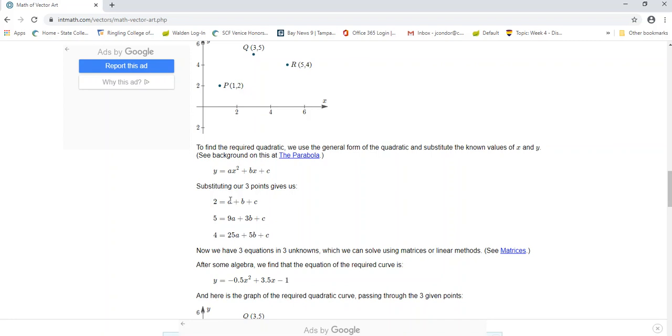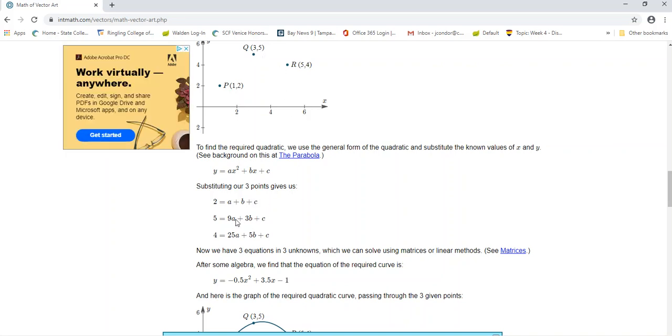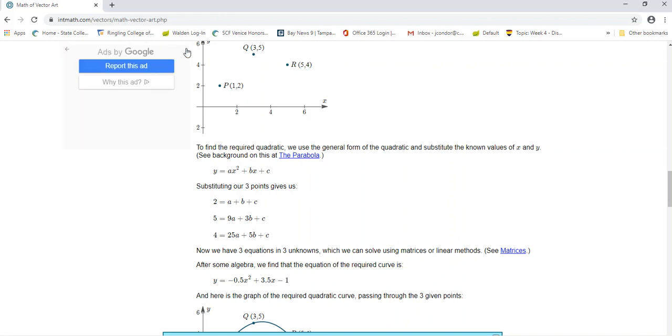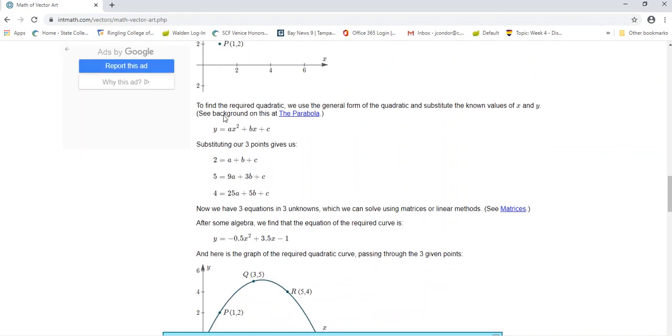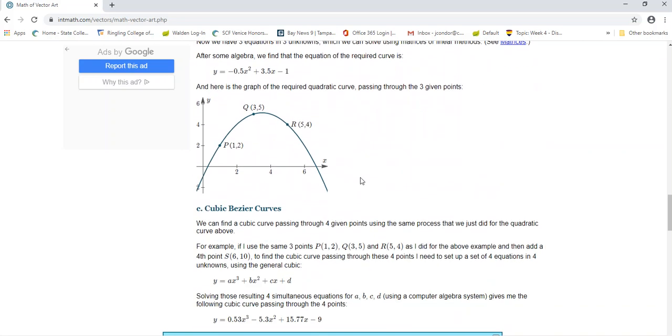So here's the 1 for x, put in here for x, and the 2 for y, and you get this. And then you put the 3 and the 5 in another equation. So you put the 3 here, you square it, you get 9. You put 3 in here and you get 3b, and you put 5 in for y. And then you put the other point in. Then you solve these system of equations, and you get this. So again, this is going back to some algebra, college algebra, stuff like that.